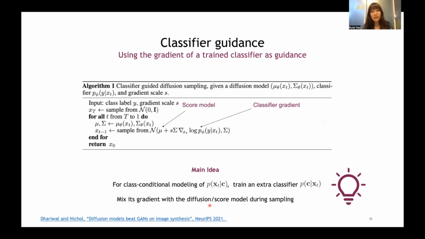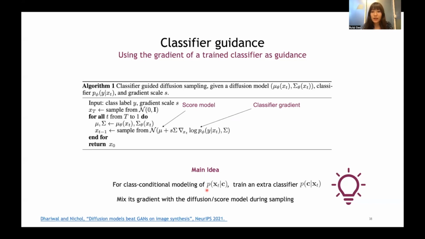And for high-resolution conditional generation, another important component is classifier guidance. The main idea is, recall the diffusion model corresponds to learning the score of a probability, for example, the score of log p(x), right?